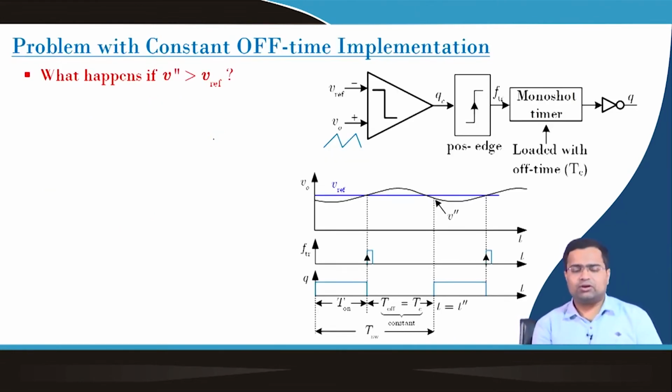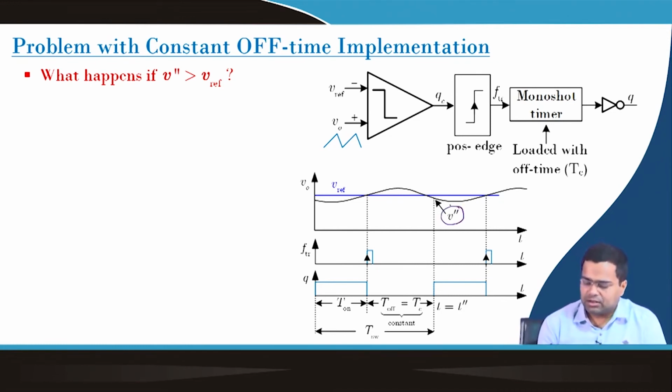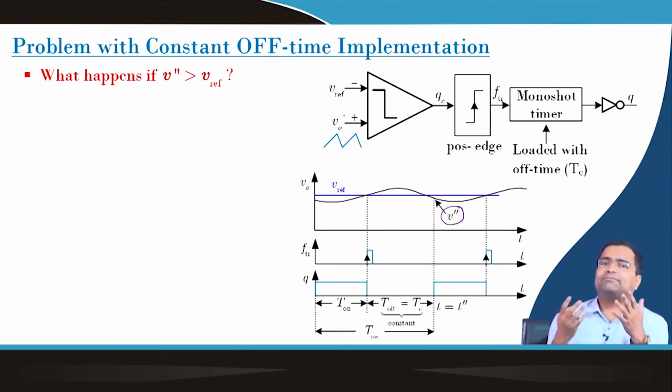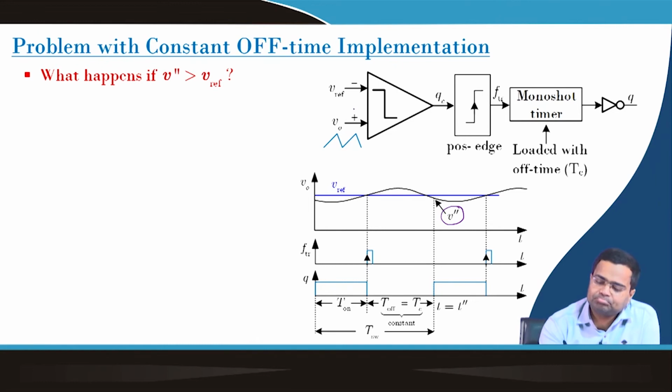Again, similar to constant on time, constant off time also has an off time problem. What is the logic here? Let us consider this V double dash, and suppose that when the switch is on, we want the output voltage to be lower than the reference voltage. If the output voltage is lower than the reference voltage, then the comparator output will be low.